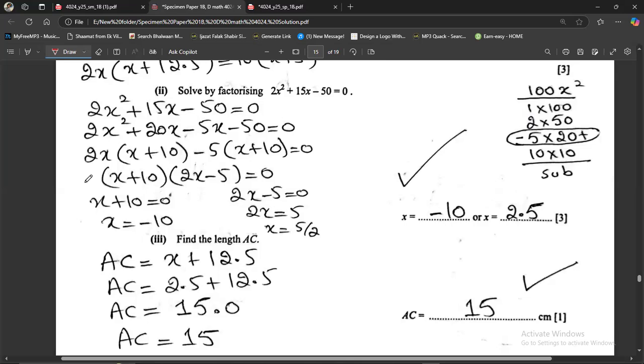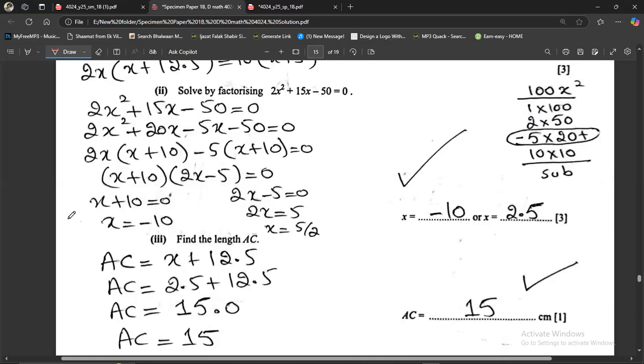You know, when two brackets multiply with each other and the answer is 0, you can make either the first bracket 0 or the second bracket 0. So I will make the first bracket 0, x plus 10 is equal to 0, so x will be equal to minus 10.